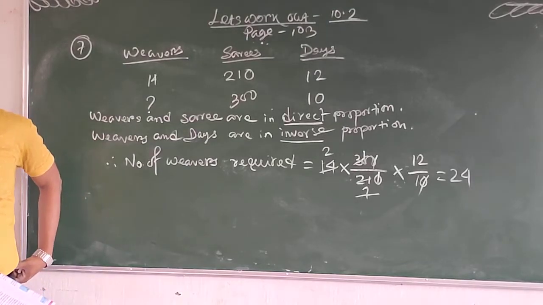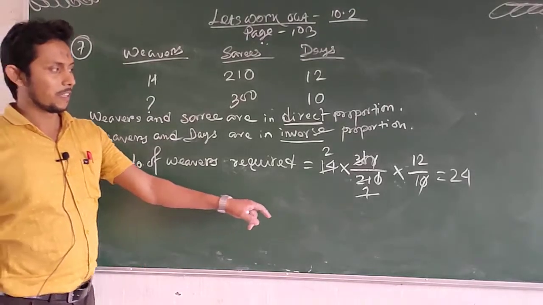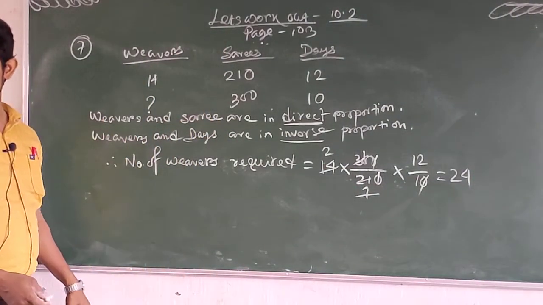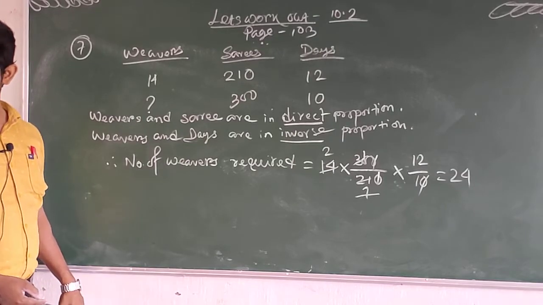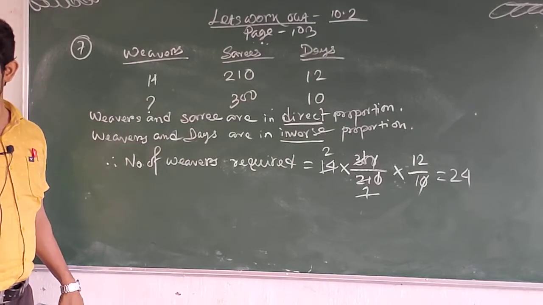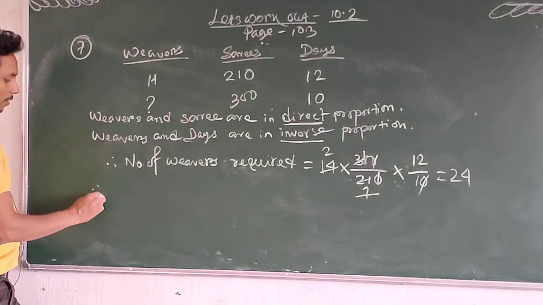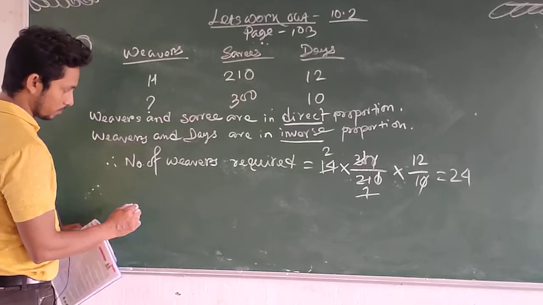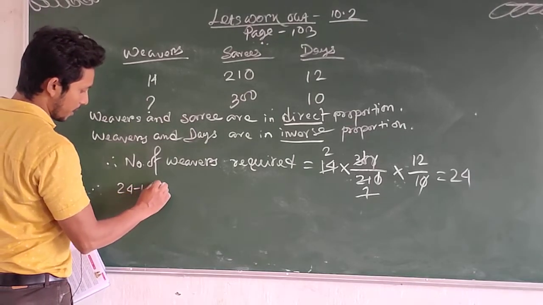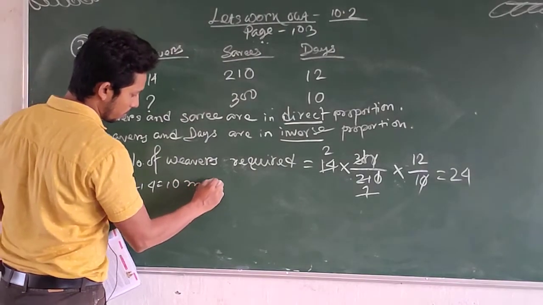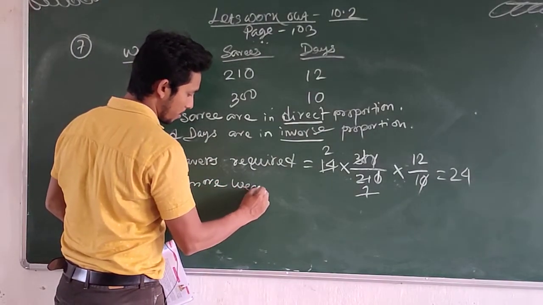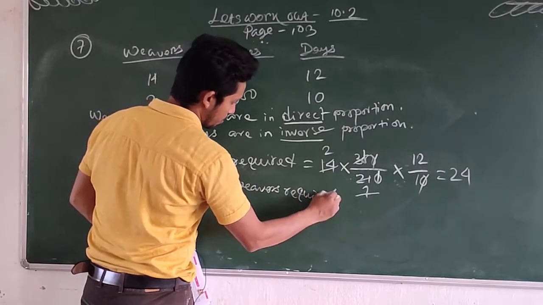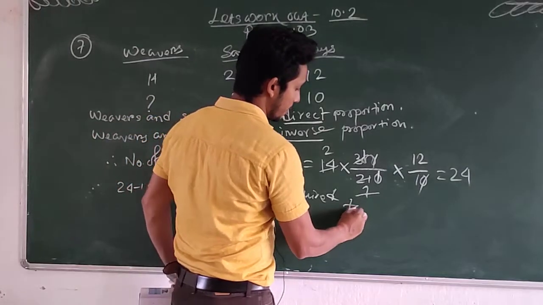So how many more? 24 minus 14, that means 10 more weavers are required to complete the work in time.